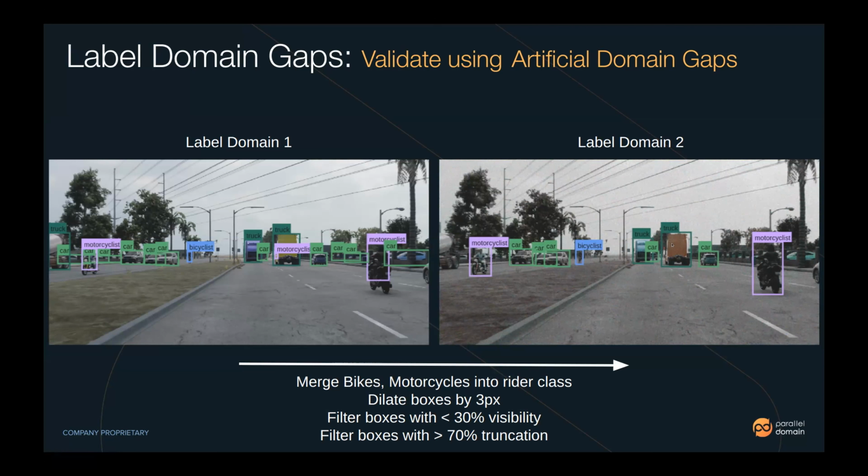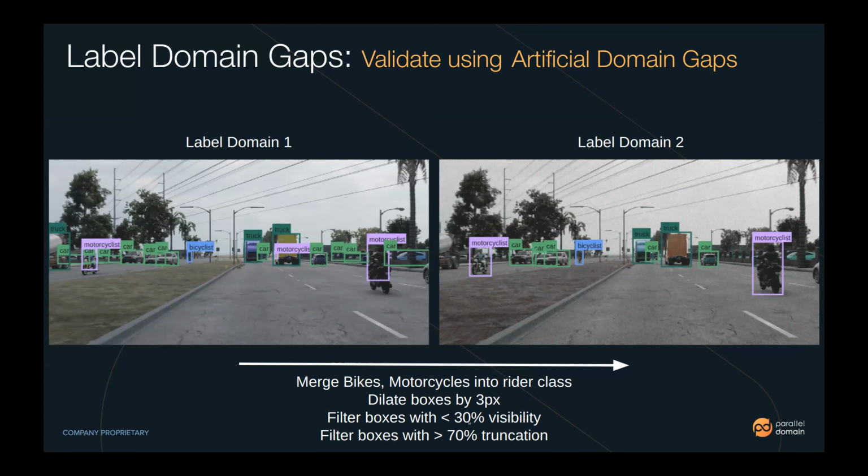And in the label domain gap that we introduce, we then start filtering. For one, we start merging bikes and motorcyclists. You can see here, it now contains both. We dilate the boxes slightly by 3 pixels, something quite usual when you annotate data, you tell annotators to rather make the box slightly larger than cut off the object. So it's quite a common thing that you would see. And then we just change what we consider a true positive.